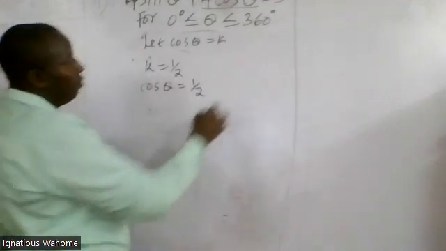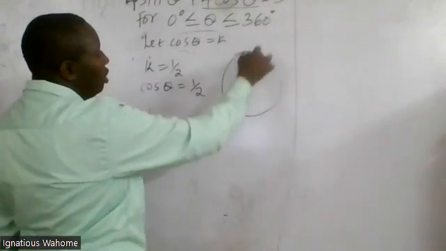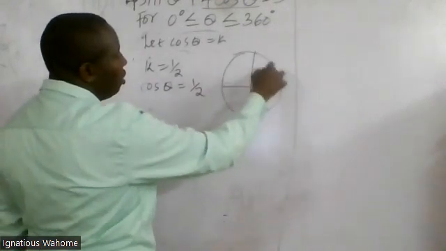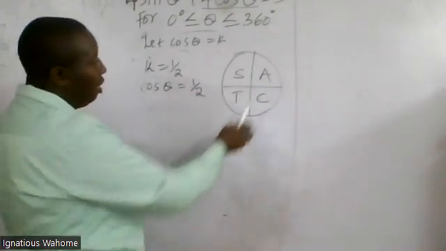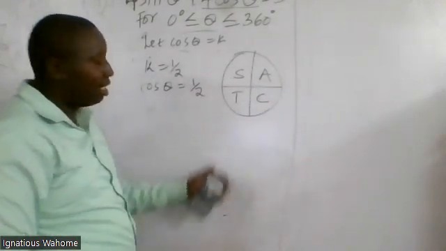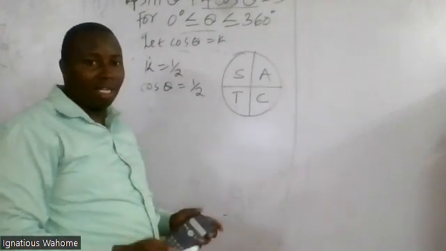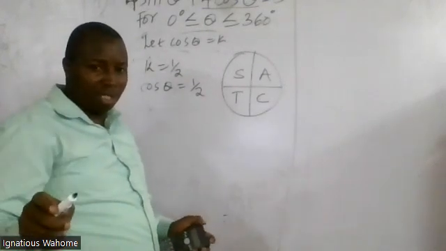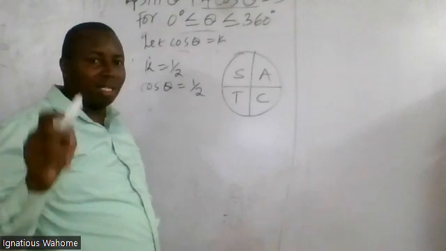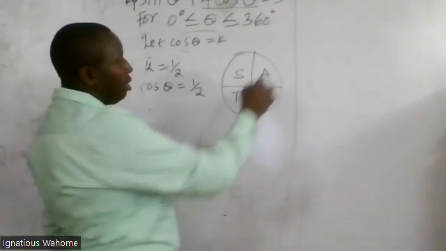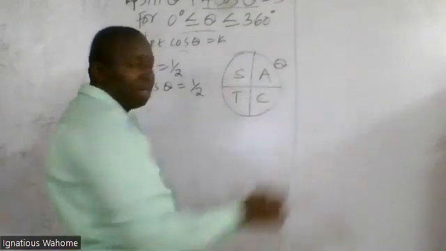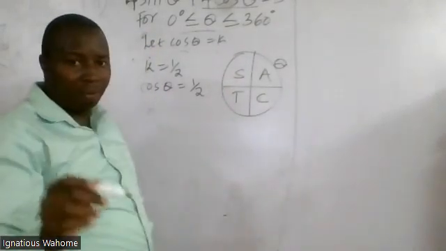You get your unit circle, A, S, T, C. A represents that sine, cosine, and tangent are positive in the first quadrant, which runs between 0 and 90, represented by the angle theta.